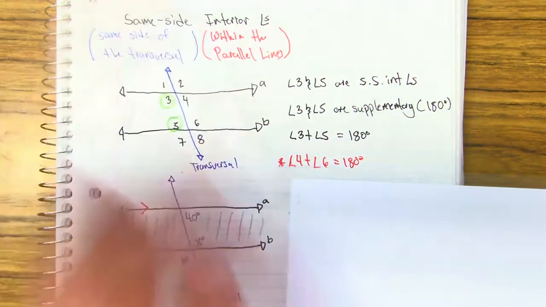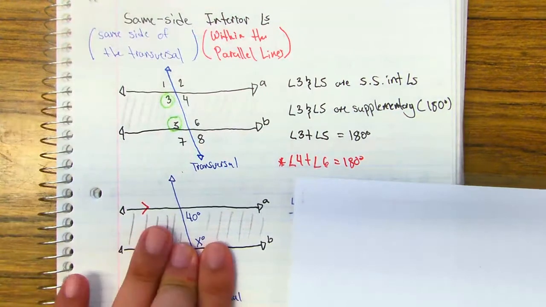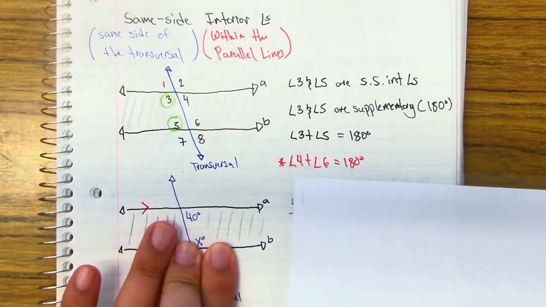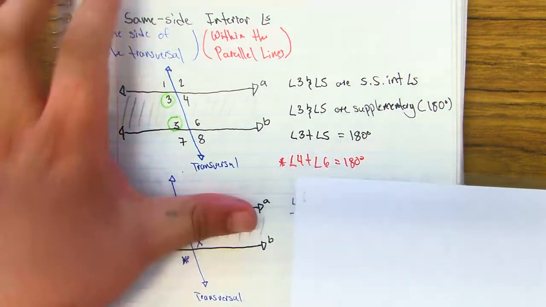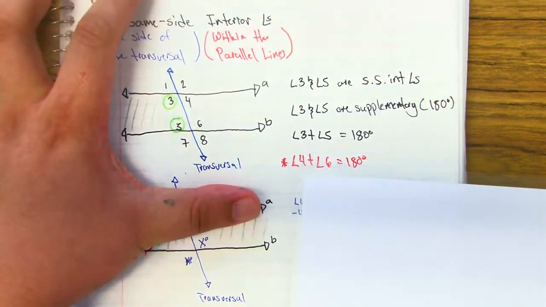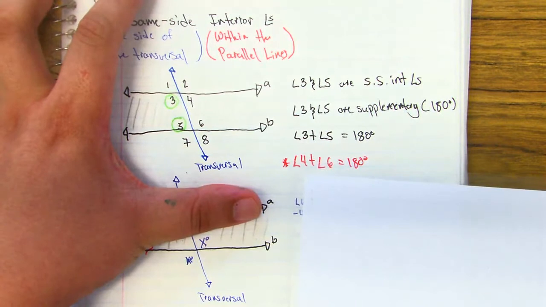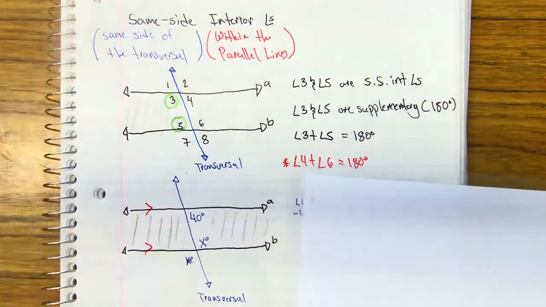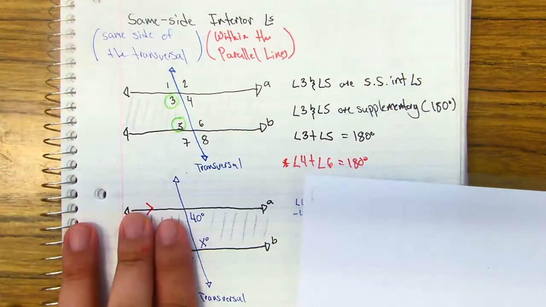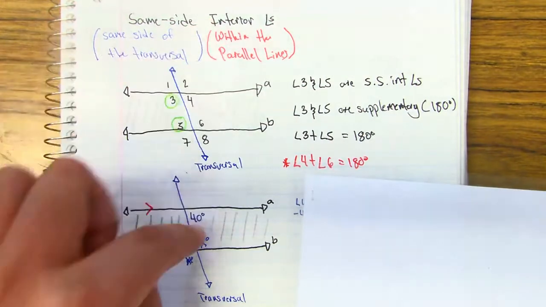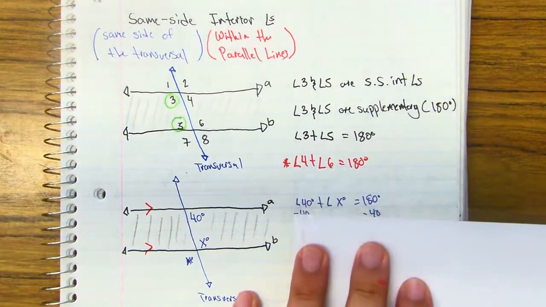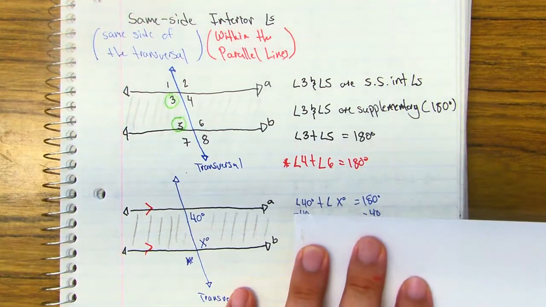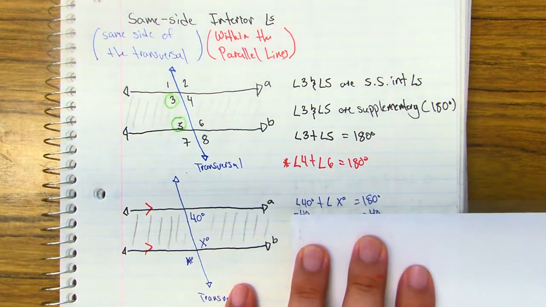Okay, and you know that in parallel A, the 40 degrees is on the right side of the transversal, and in parallel B, the degree of x is on the right side of the transversal as well. So since they're both on the same side and they're both interior angles, you can say that angle 40 plus the degree of x equals 180 degrees.